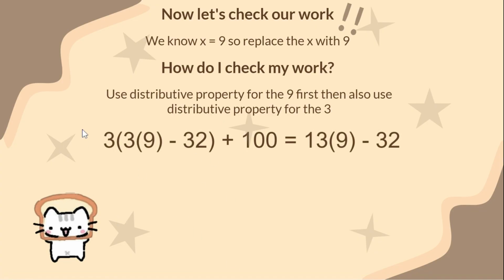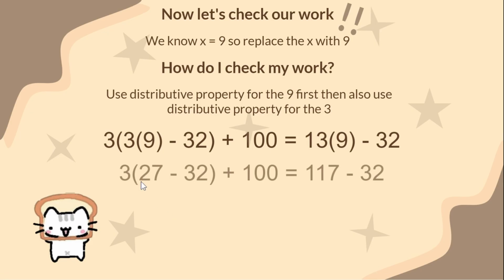We want to multiply 3 inside the parentheses by 9, which would mean 3 times 9, 27, minus 32, plus 100 equals 117 minus 32. Okay, we also got a times 13 on the other side, which had an x of 9, which didn't really say. But it's whatever.